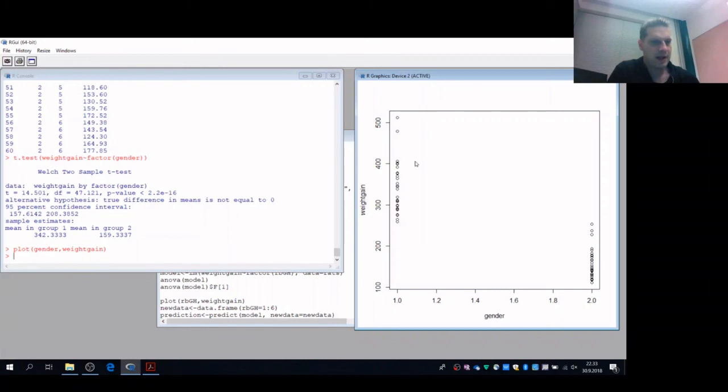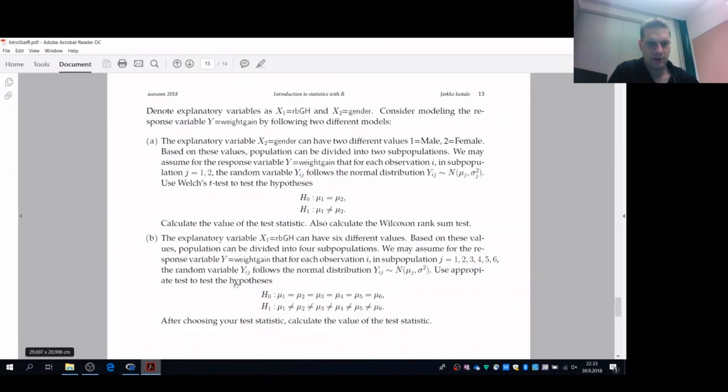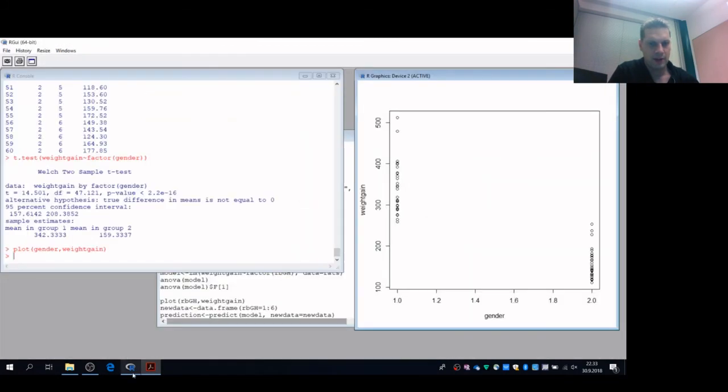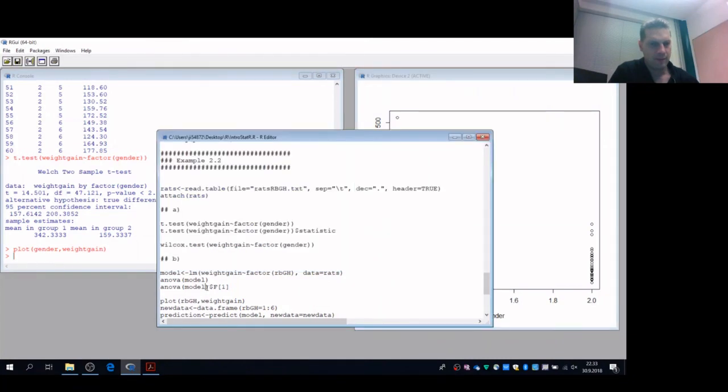So I guess that one is a male population, where the weight gain is generally at a much higher level than in population 2, which is female. So that really explains the result here.